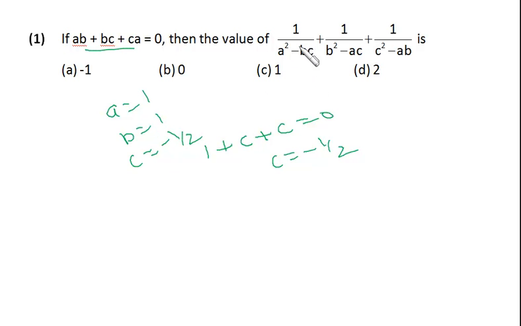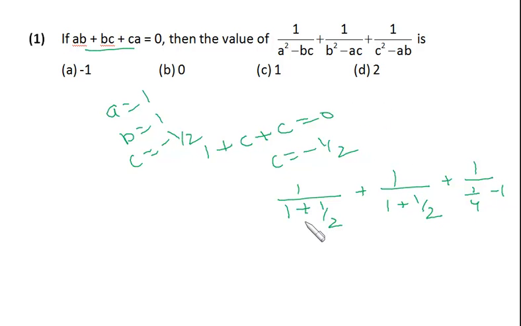We just have to put in the values of ABC: 1 upon A square minus BC. So A square is 1, BC is minus 1 by 2, so 1 into minus 1 by 2, with the minus sign it is 1 plus 1 by 2, plus 1 upon B square, that is 1, minus AC, once again 1 by 2, plus 1 upon C square, that is 1 by 4, minus AB, that's minus 1.